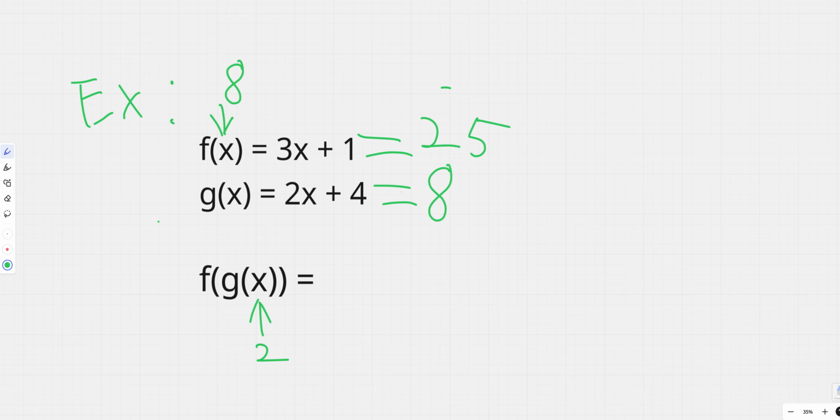We get the output from one function instead of two. To do this, we have to replace g of x with this. Like that.